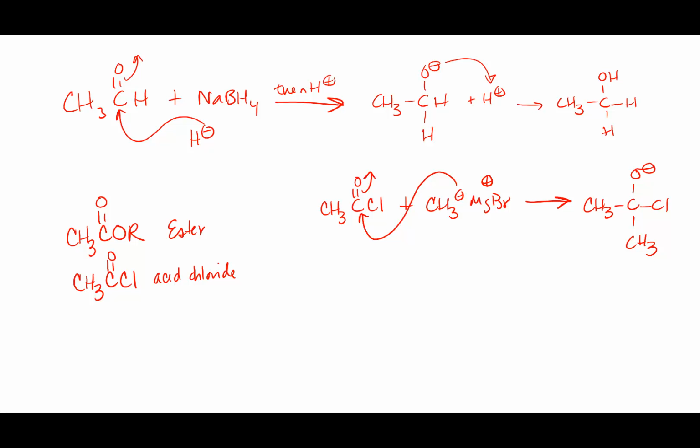Now the molecule says, hey, I'd like to reform my carbonyl. All I have to do that is to bring down this pair of electrons. But now what happens? I've got a good leaving group like a chloride. So as that pair of electrons comes down, the chloride can leave.